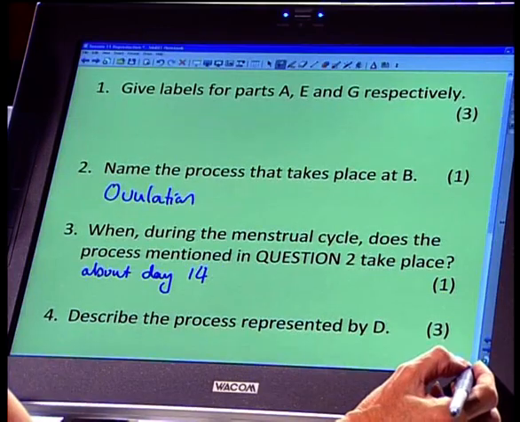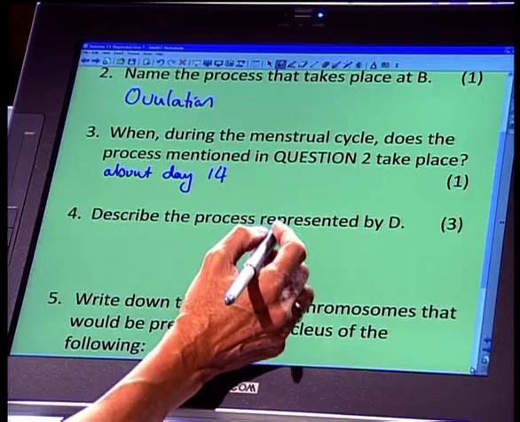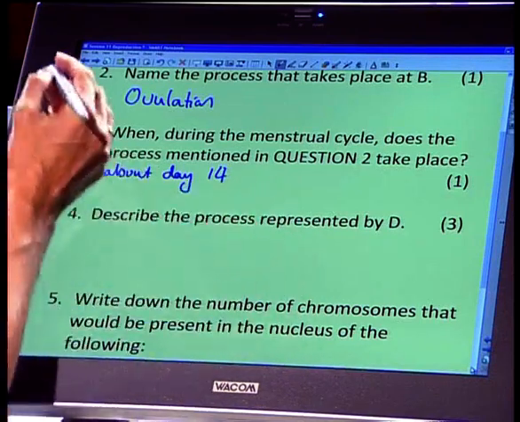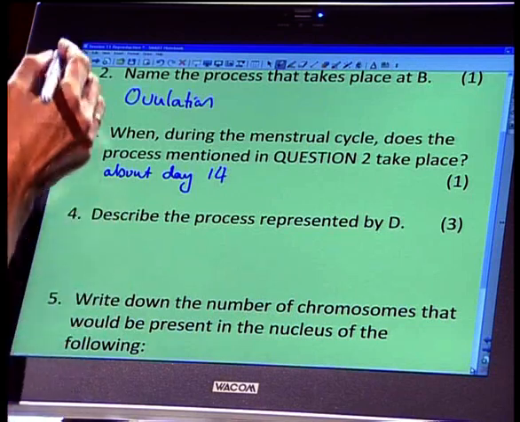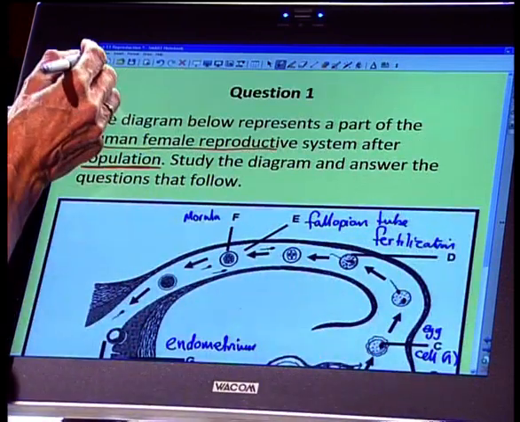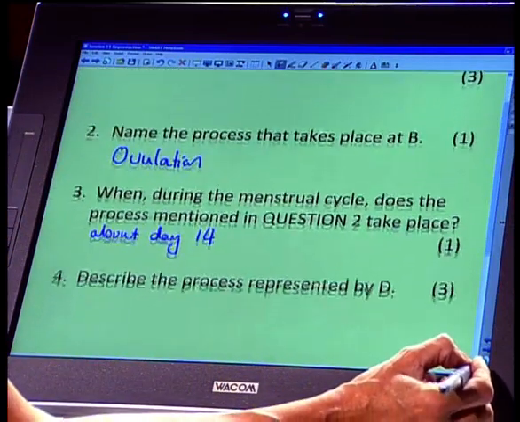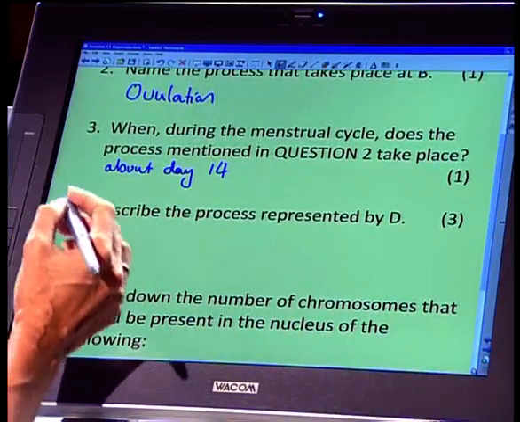Describe the process represented in D. Now, they're talking about the process of ovulation. And I think, let's just have a look at our diagram here. Oh, they're talking about fertilization. So, if we talk about fertilization, how does that process occur? It is very, very simple.